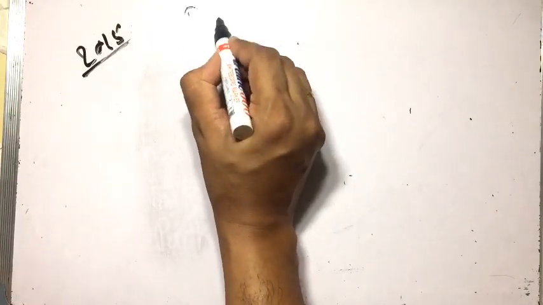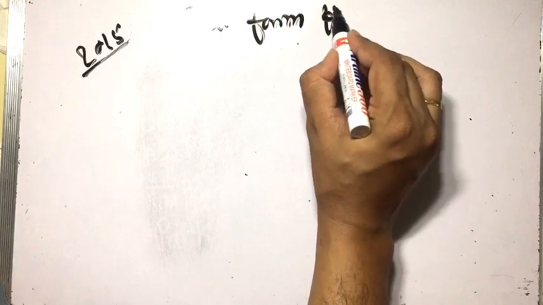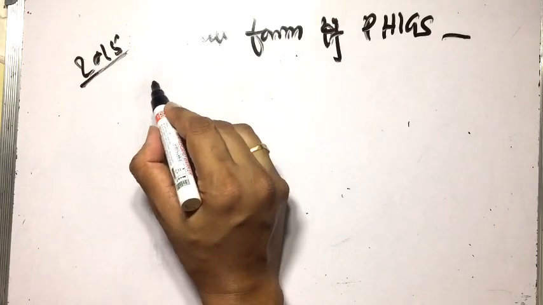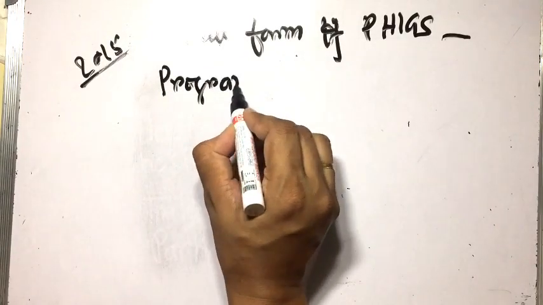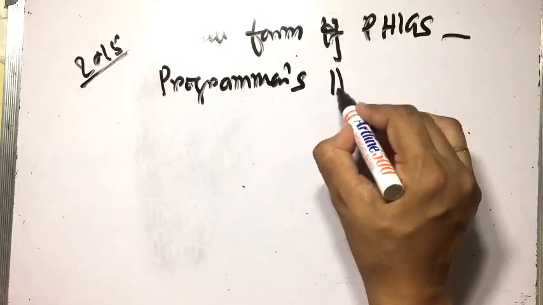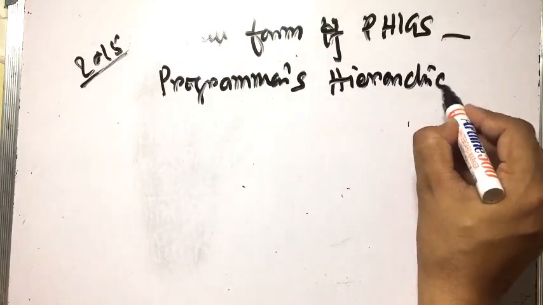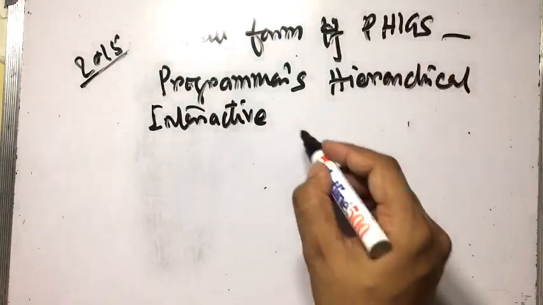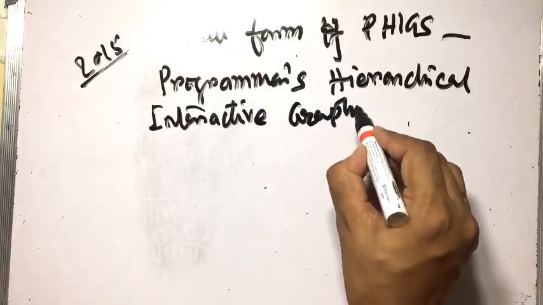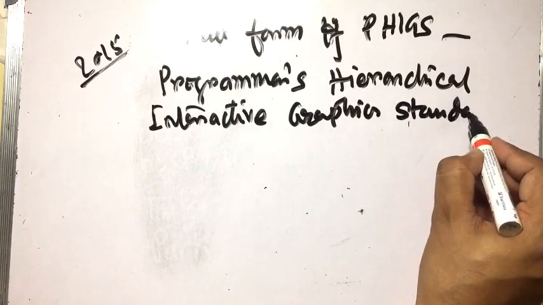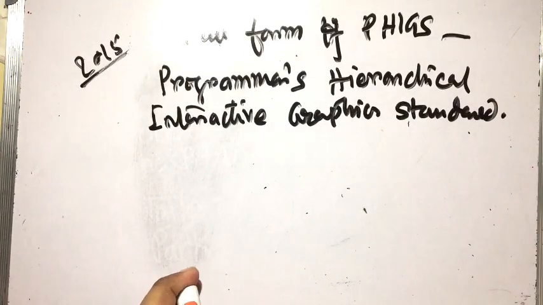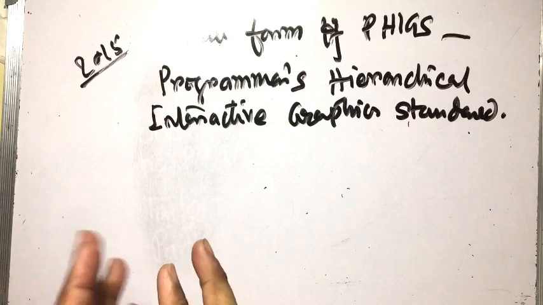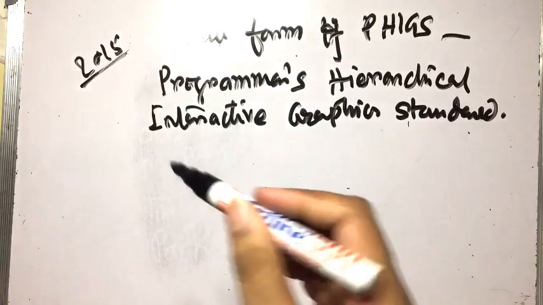Next question. Full form of PHIGS. The full form is Programmer Hierarchical Interactive Graphics Standard: P for programmer, H for hierarchical, I for interactive, G for graphics, S for standard.